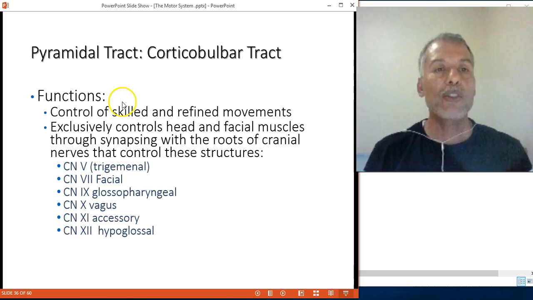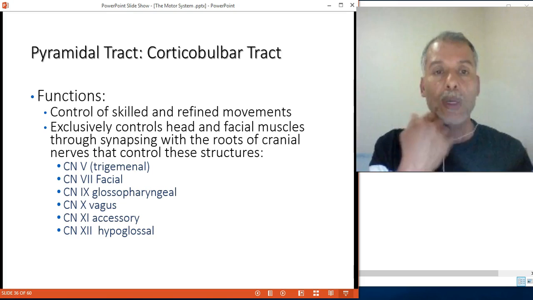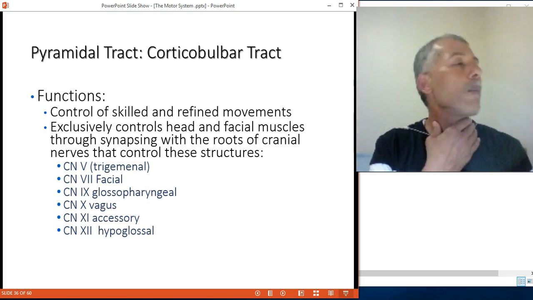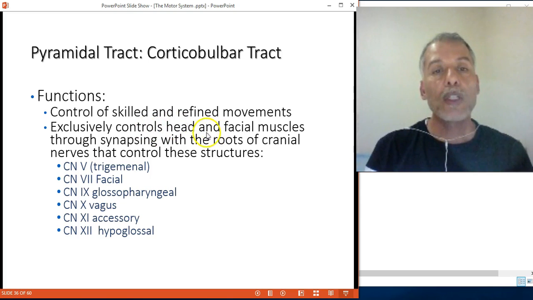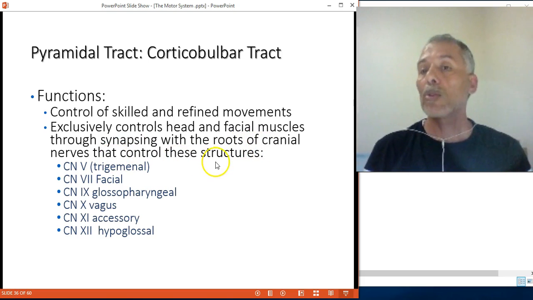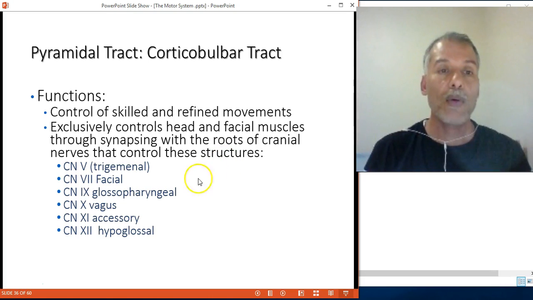The function of this tract is to control skilled and refined movements. So, facial muscles, for example, and your neck muscles, the movements you do with these. It exclusively controls the head and facial muscles through synapsing with the roots of the cranial nerves that control these structures, neck and facial muscles inside and out.